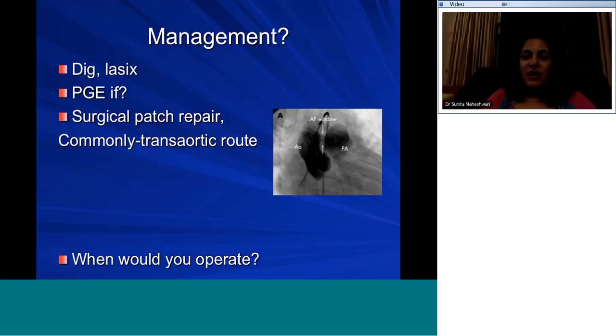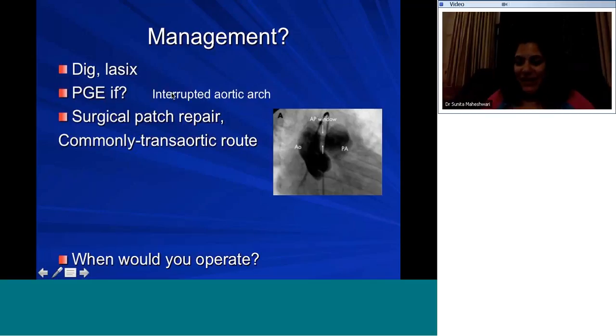Yes, so aortic arch interruption. Which type with AP window? Type A. Remember, AP window, type A. It is commonly associated with interrupted aortic arch, so when you see it, you need to start them on prostaglandin and then fix the AP window as well as the interrupted arch at the same time.